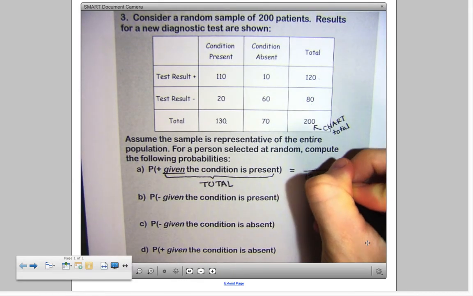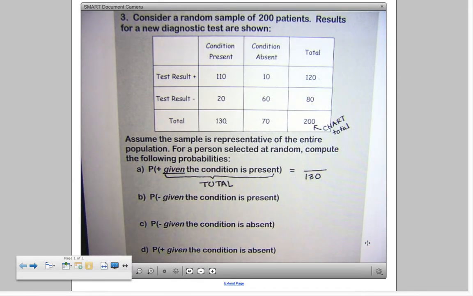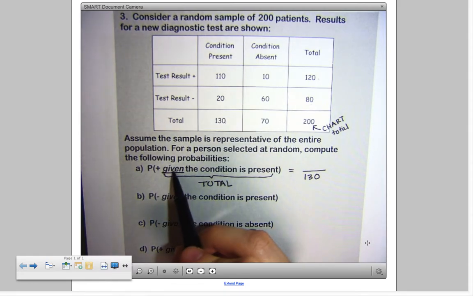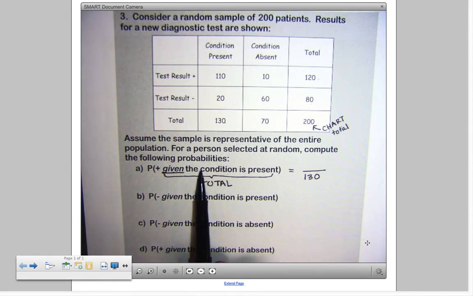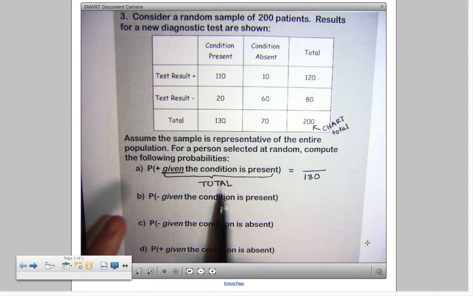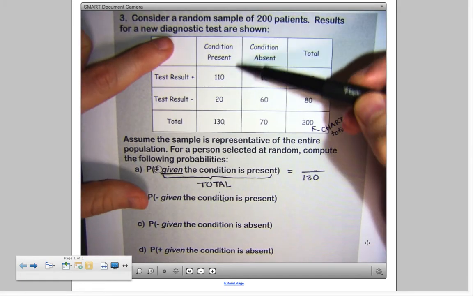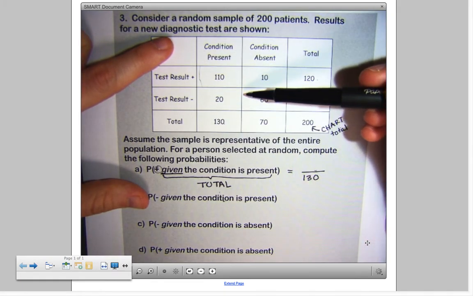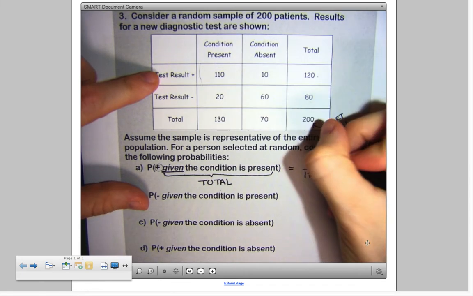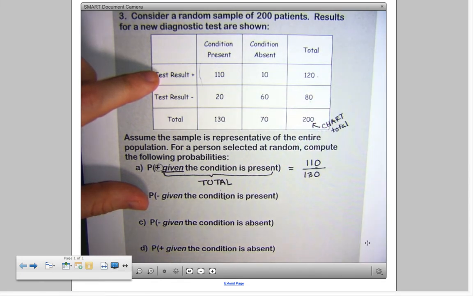So that will be my denominator. So anytime you are given a given, whatever is after the given is your new denominator or your new total. For my numerator, I'm looking for positive. So under the condition is present, the only ones that are positive is 110. So my probability would be 110 out of 130.